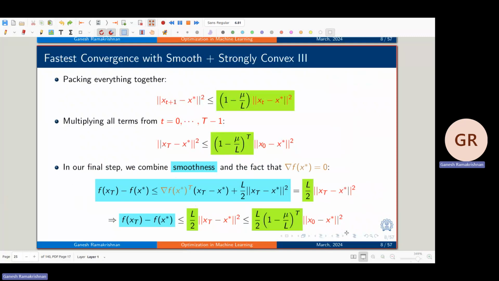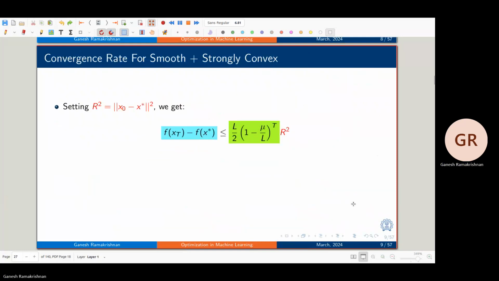The further away you are, the more time you will take. So we can put that x naught minus x star is less than or equal to some r. This is important. You see somewhere we are stuck badly, and tricks like this are very helpful. So setting r squared as x naught minus x star squared, we have now got this.